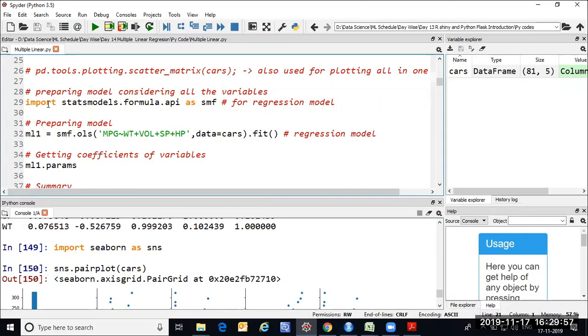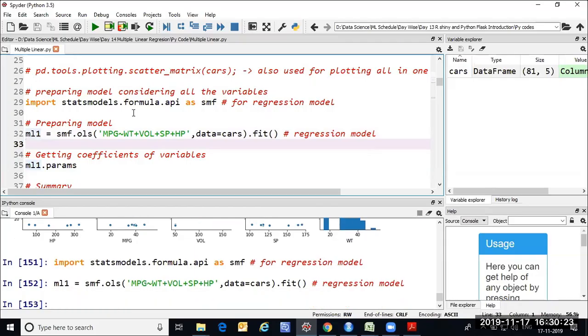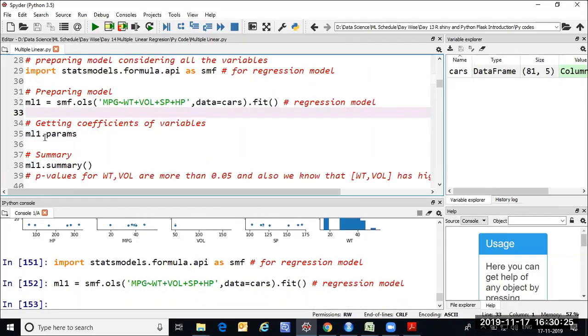I'm loading the library statsmodels, using this OLS. This OLS technique is part of statsmodels in Python. OLS is used for the basic model that we're building, Y tilde all input variables. What are the parameters, friends?